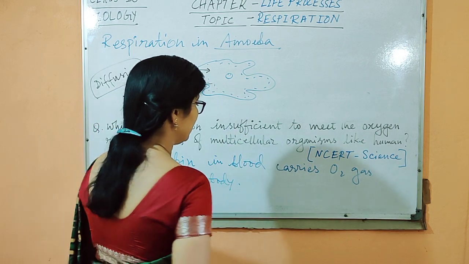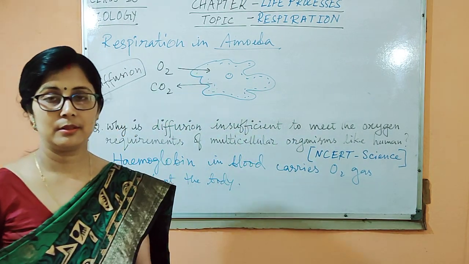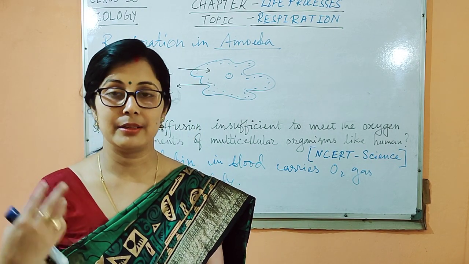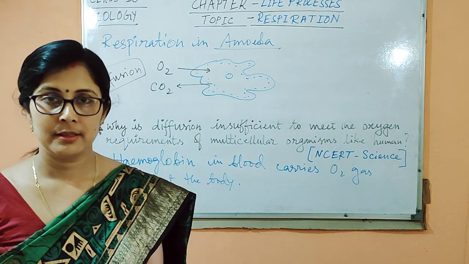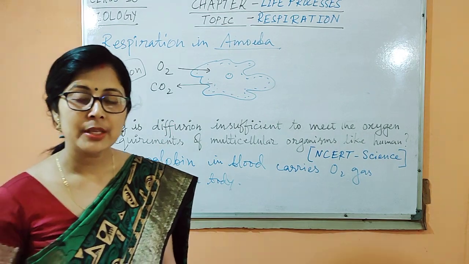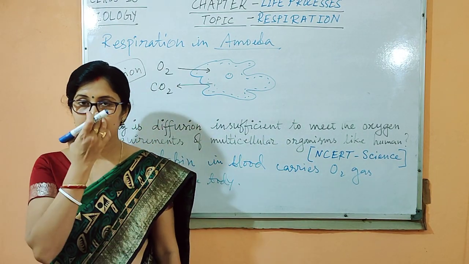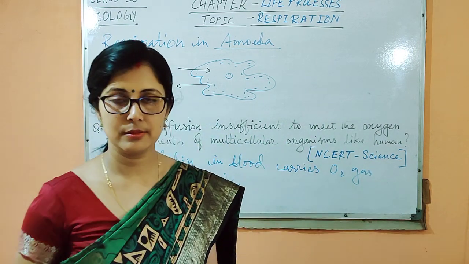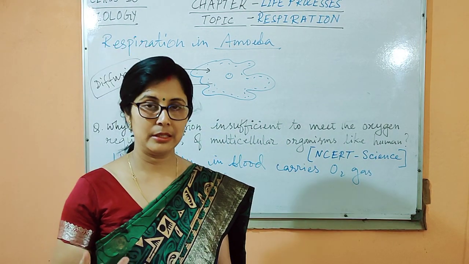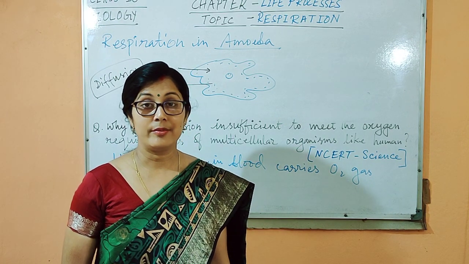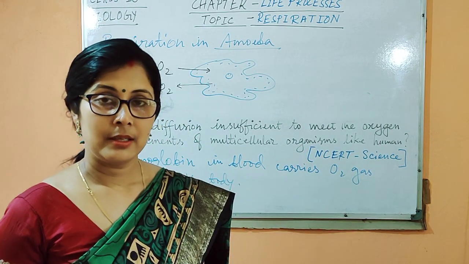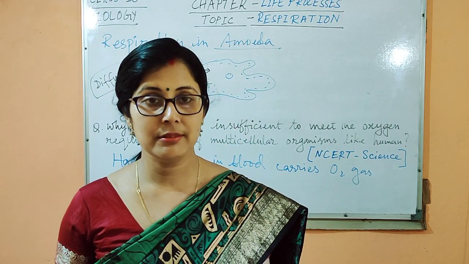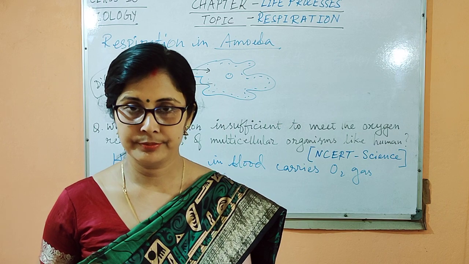Okay. So blood performs a very important role in transporting oxygen gas to each and every cell of our body, and carbon dioxide gas in return back to the lungs. So we can say that, as you have read in your previous classes, respiratory system and circulatory system both are interrelated or dependent.